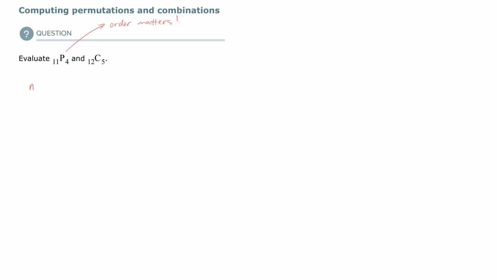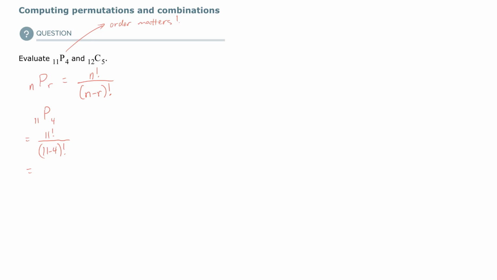Given n items and you want to permute r of them at a time, it is simply going to be n factorial over the parentheses n minus r factorial. And in our case, we're looking at the expression 11 permute 4, which is equal to 11 factorial over 11 minus 4 factorial.